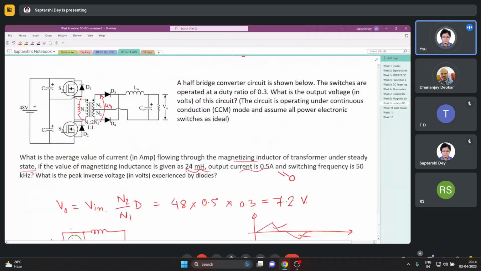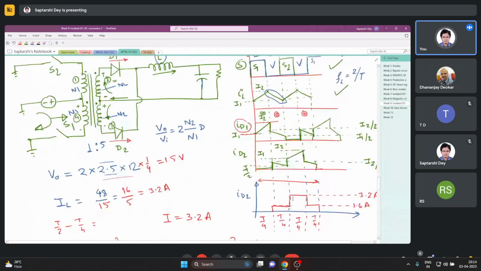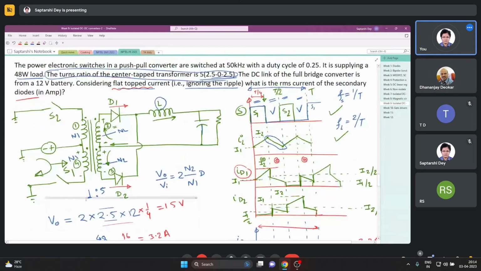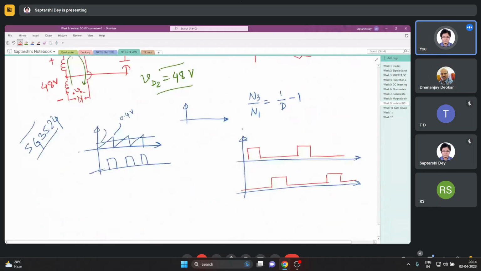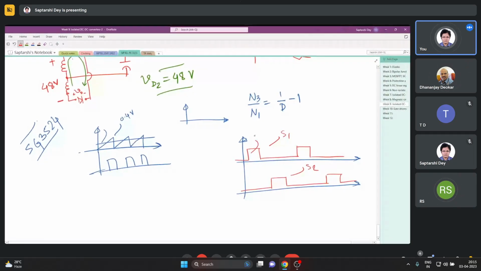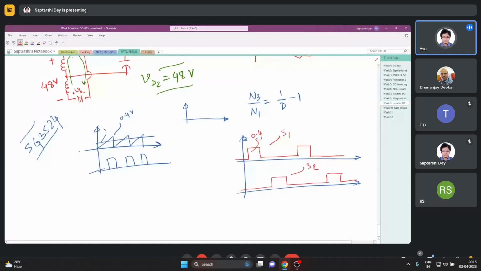So if you match it with these switching waveforms, you can drive these two switches using one control IC. One of it will go to S1, another will go to S2. Say you send this to S1 through a gate driver, send this to S2 through a buffer and gate driver. There is a gap. As far as I know, this does not go beyond duty ratio 0.4, some limit.